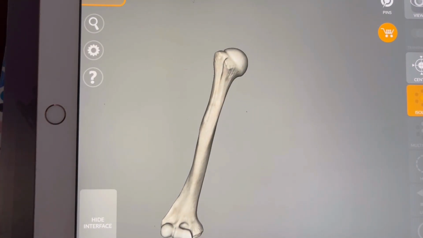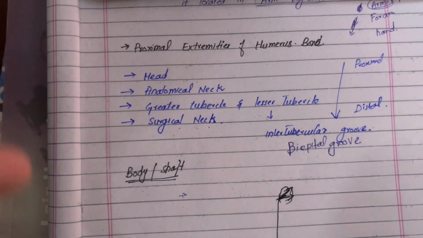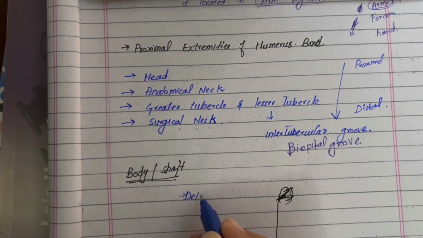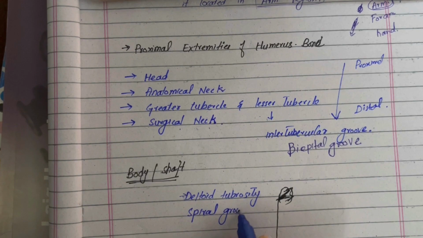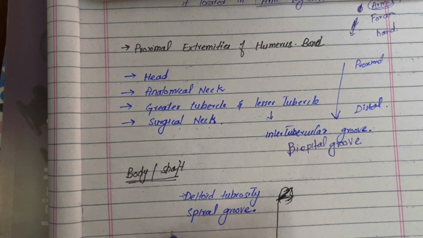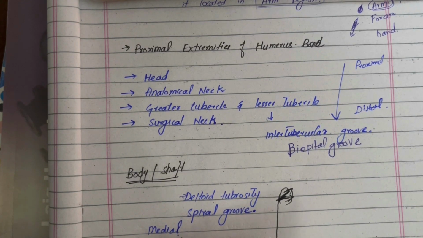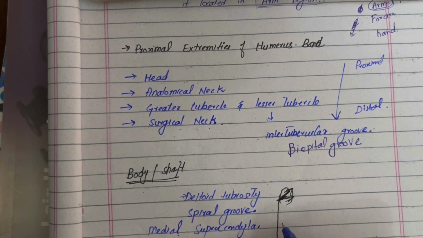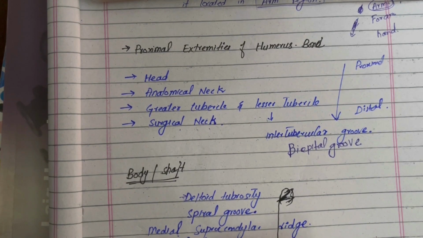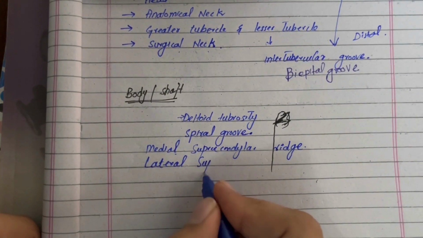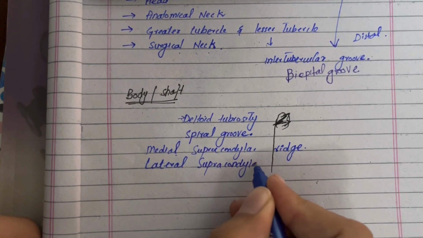Now coming toward the body or the shaft of the humerus bone. The shaft of the humerus bone has deltoid tuberosity, spiral groove, medial supracondylar ridge, and lateral supracondylar ridge.